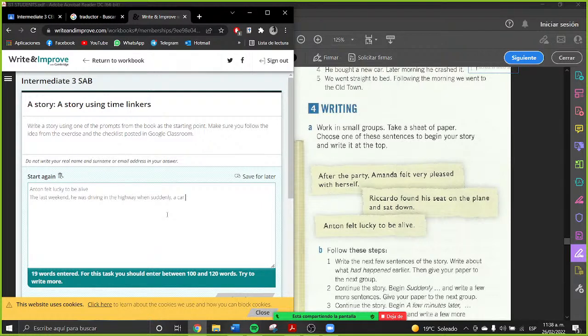A car had, ¿no? Es que no me acuerdo si es stroke o appeared. Appeared. Así, ¿no? Yeah. In front of him. Punto y aparte.